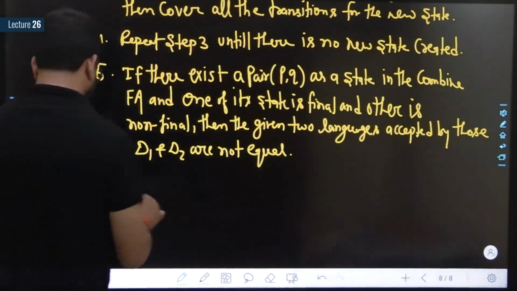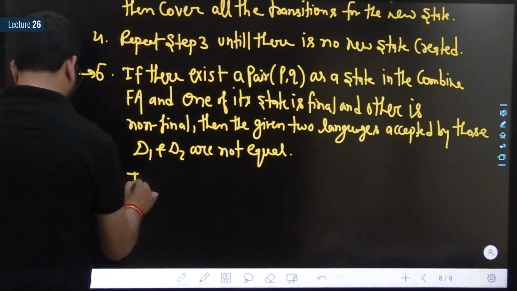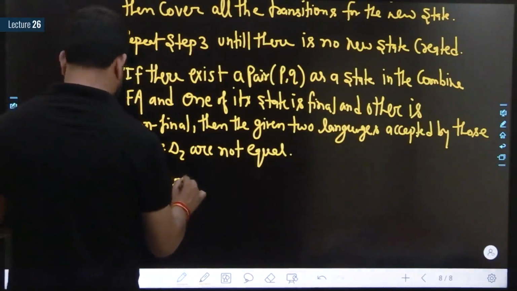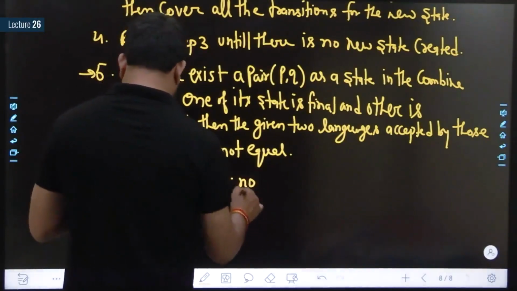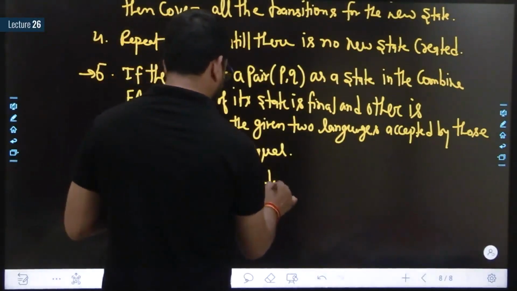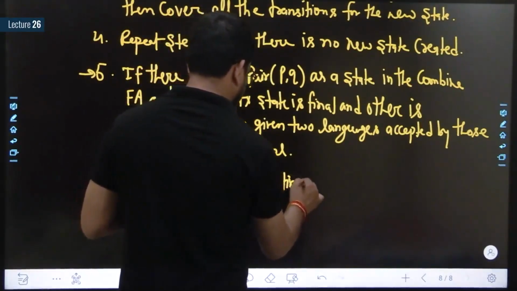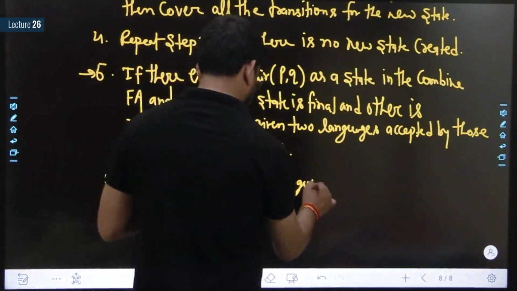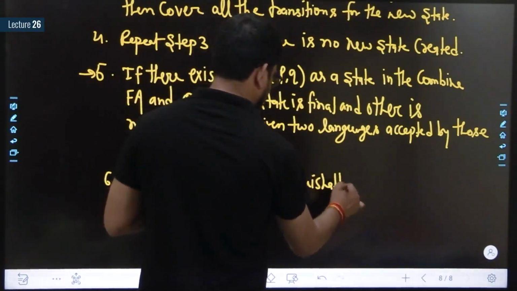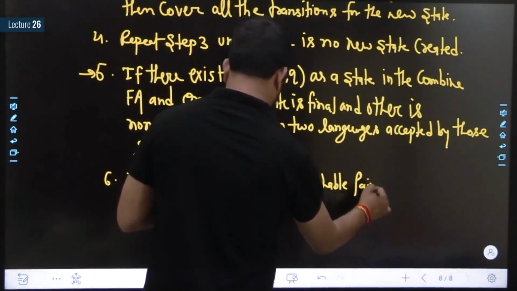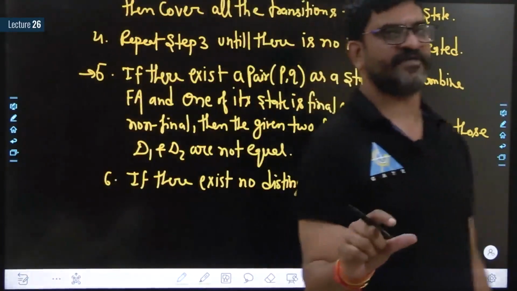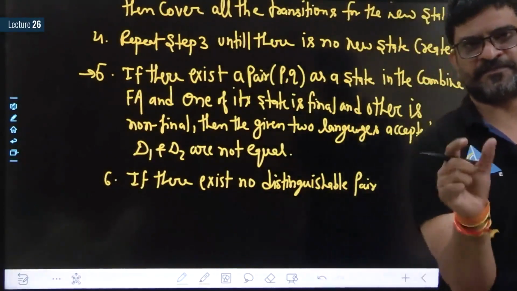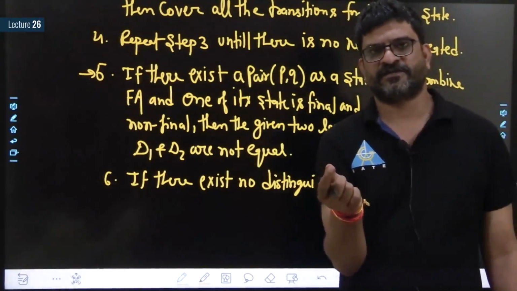Clear? Next, if there exists no distinguishable pair. What do you mean by distinguishable? It means every pair is final or non-final. This pair is non-distinguishable. Clear?